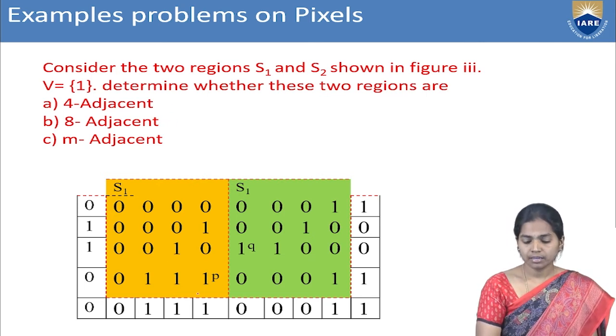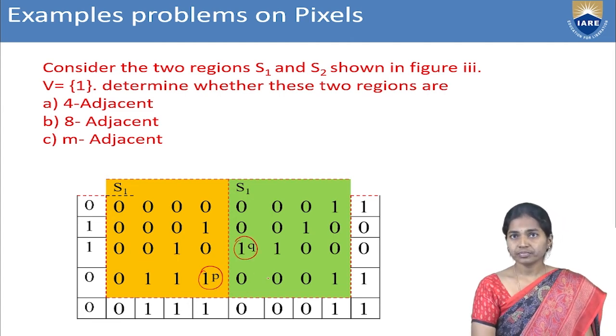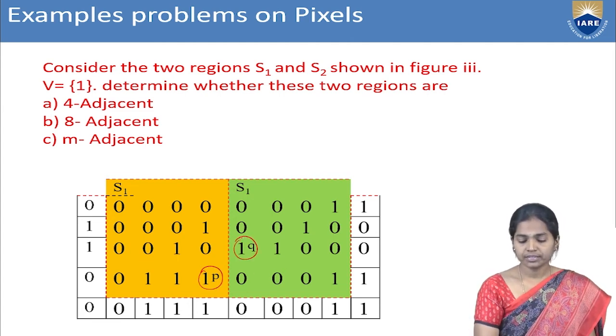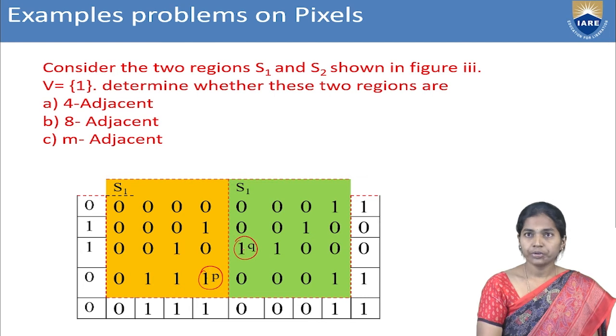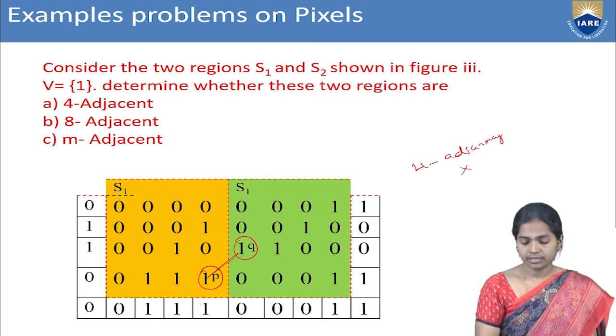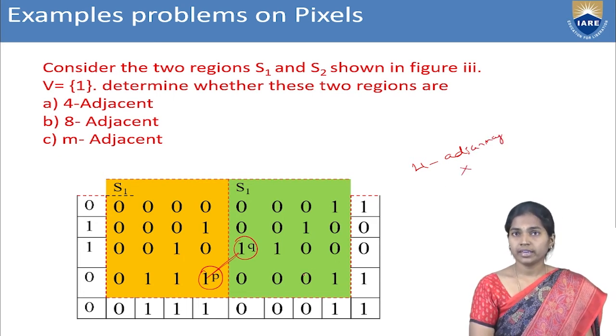So in this example, this is point P and this is point Q. Point P to point Q, the relation is in diagonal form, which means 4 adjacency does not exist.